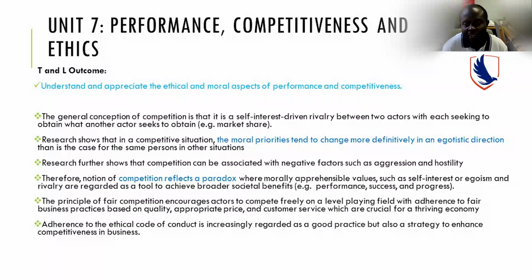The paradox is that morally apprehensible values such as self-interest and egoism and rivalry are regarded as tools to achieve broader societal benefits, such as performance, success, and progress. So that is quite a paradox that students will have to discuss.